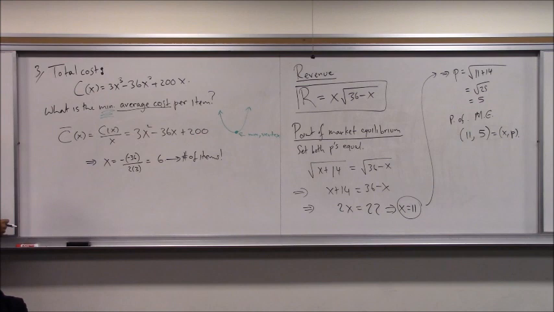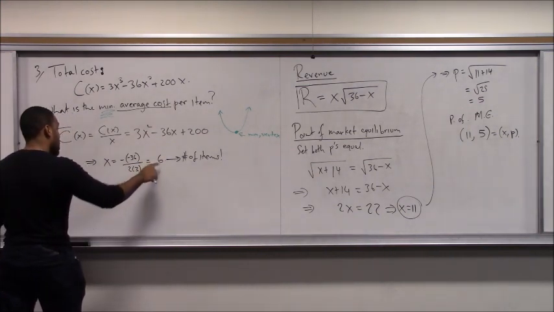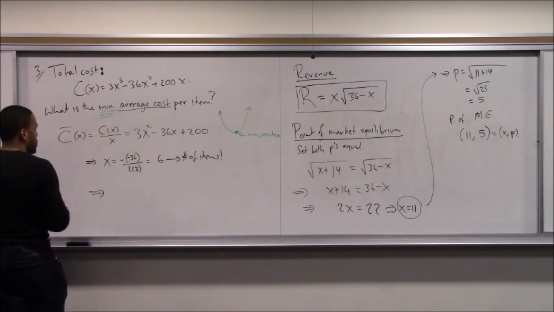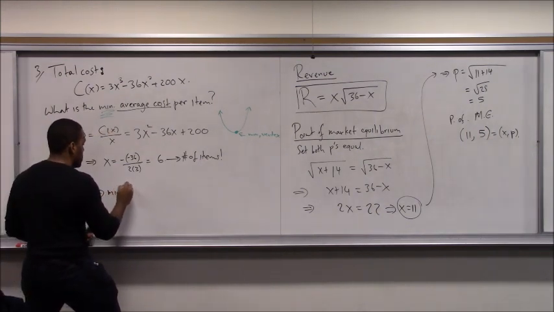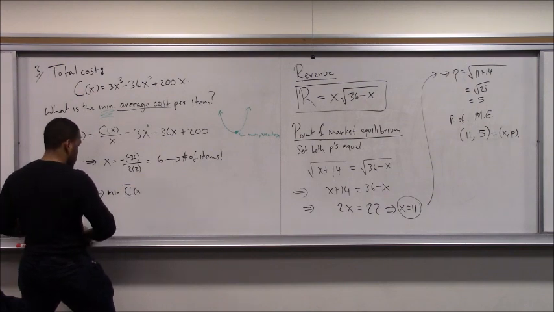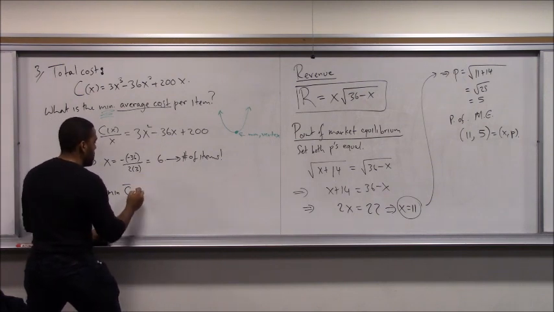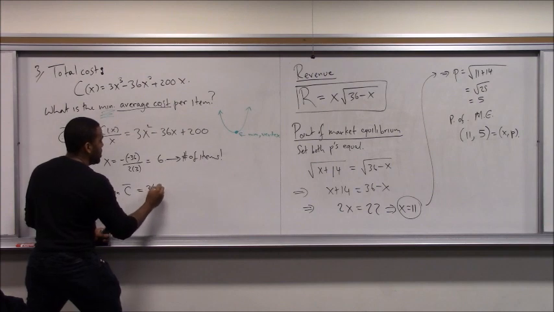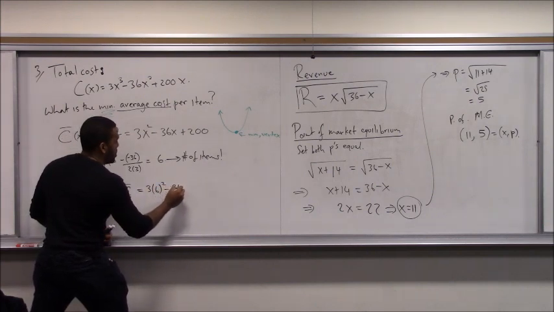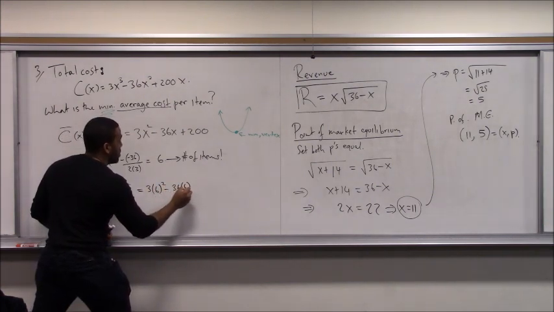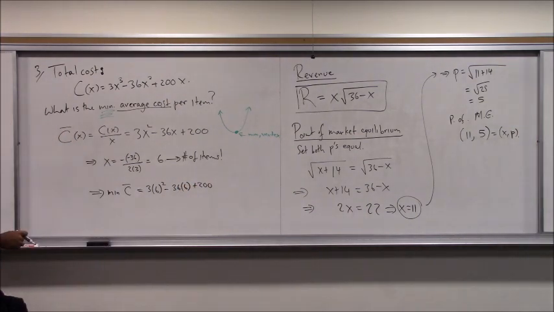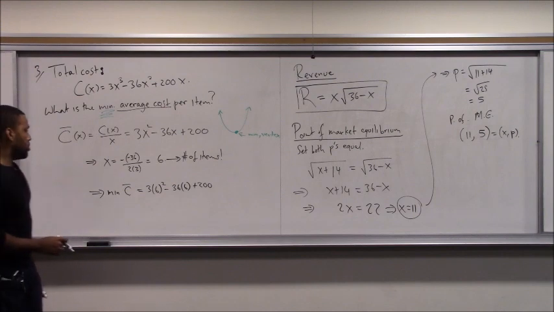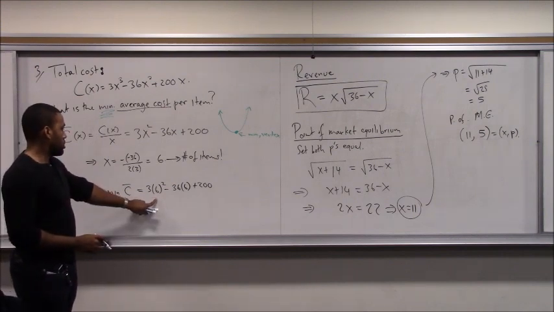What we were asked for was the minimum average cost. So to find that, I need to plug that number of items into the average cost function. This implies min c bar is going to be equal to this, and plug in 6. So now, this is also 36.